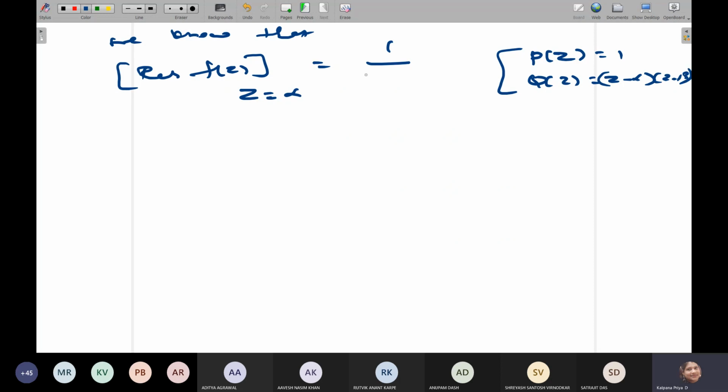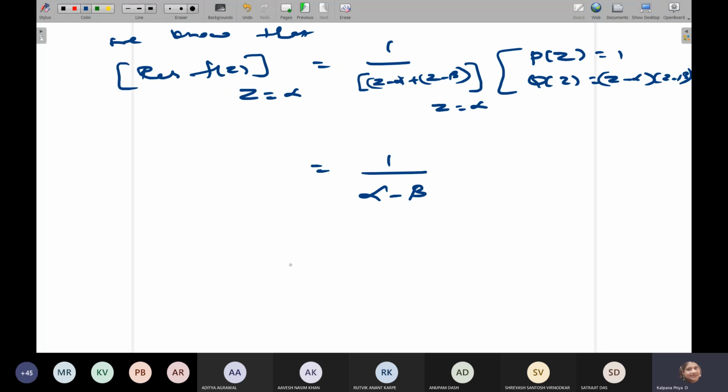On differentiating this, we get z minus alpha plus z minus beta. Now put z equals alpha, because at z equal to alpha we are going to find it. So alpha minus beta.